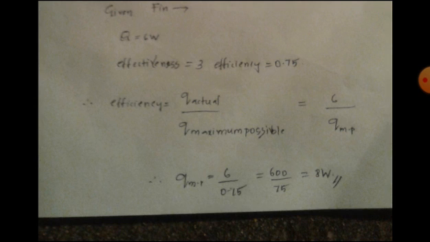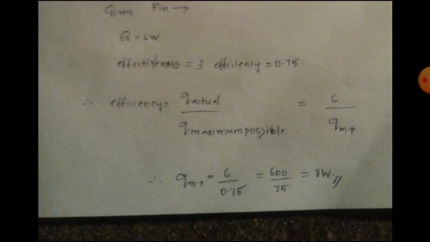Effectiveness means if you consider without a fin there will be one amount of heat transfer, and if you consider a fin there will be another amount of heat transfer rate. The ratio between these two is known as effectiveness. That is, it is defined as the ratio of heat transfer rate with fin to the heat transfer without fin.